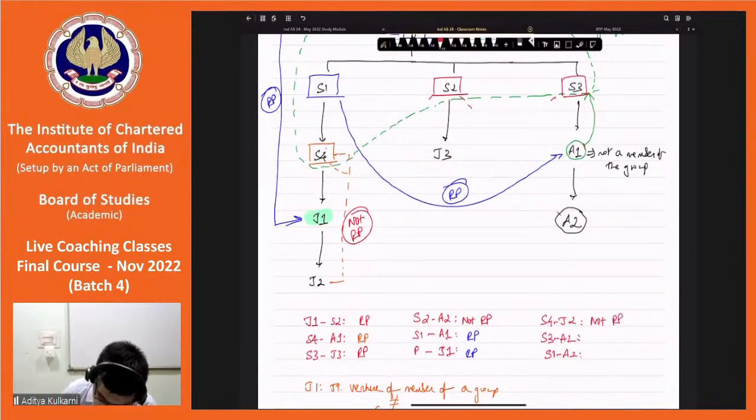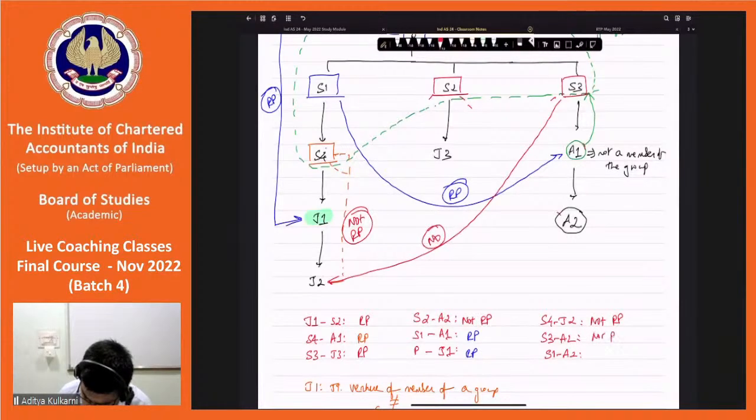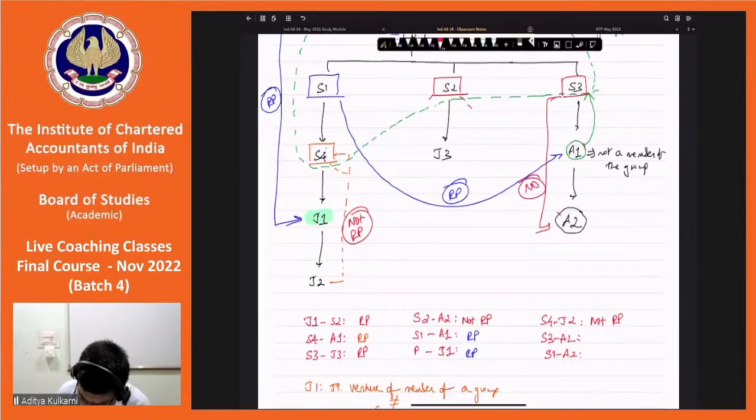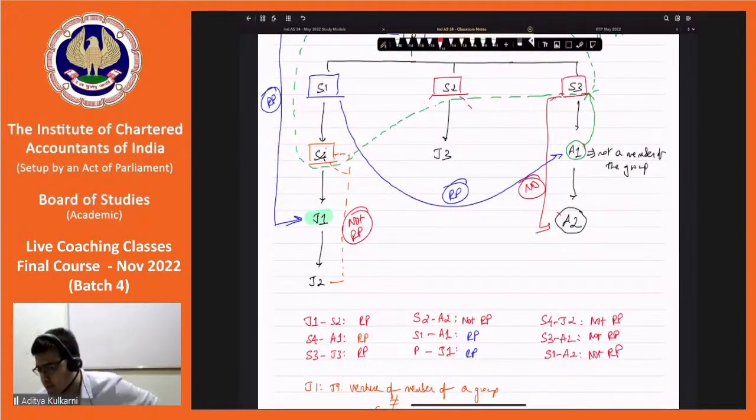For same reasons, S3 and J2, no, not related party. And for same reasons, sorry, S3 and A2 पूछा था ना? S3, A2, no. S1, A2 also is no. Not a related party.